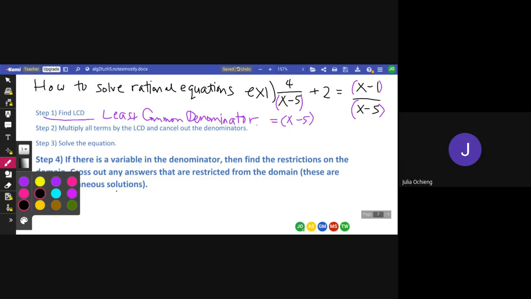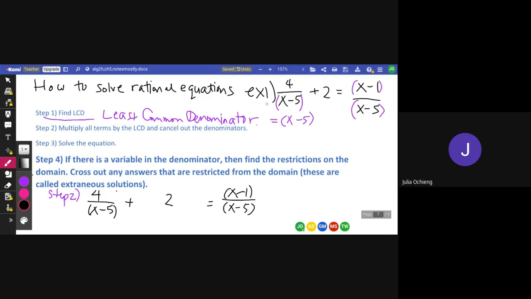I'm just going to rewrite the problem. And again, I'm making those invisible parentheses visible, because it will make it easier to remember that x minus 1 counts as one number or one expression. x minus 5 counts as one number or one expression, so that you can't separate it out for this part of the problem.